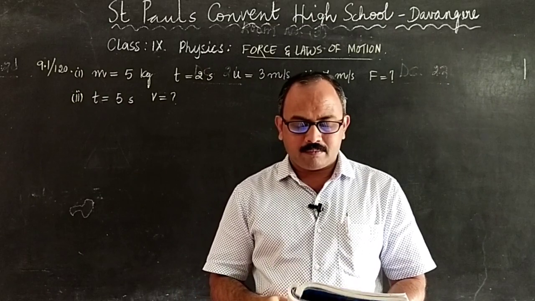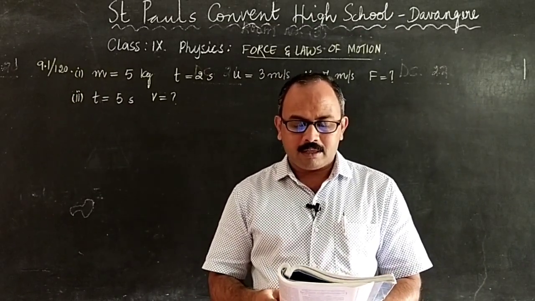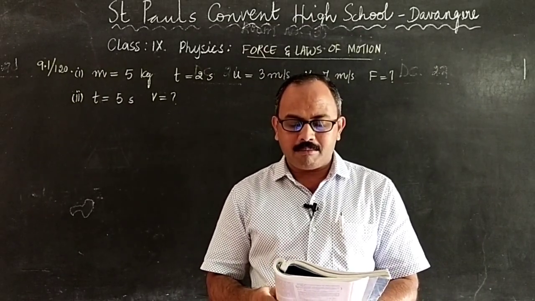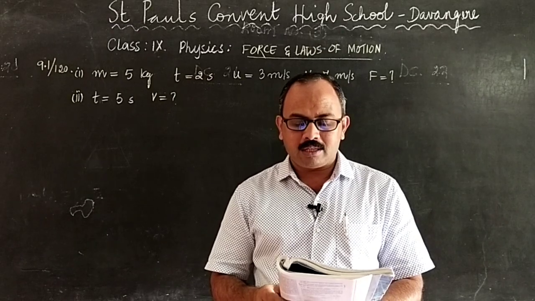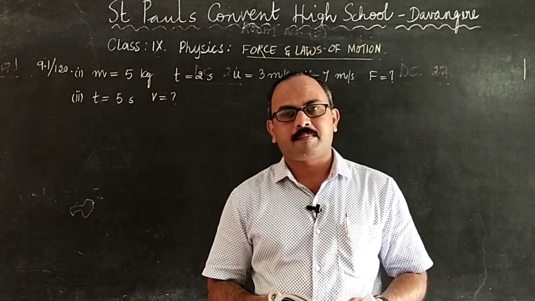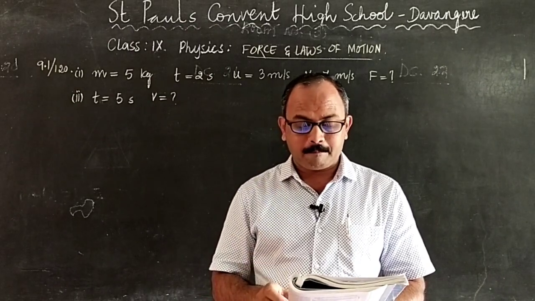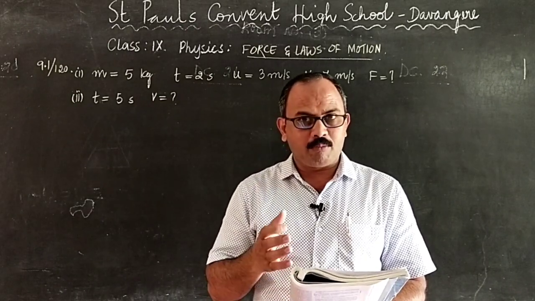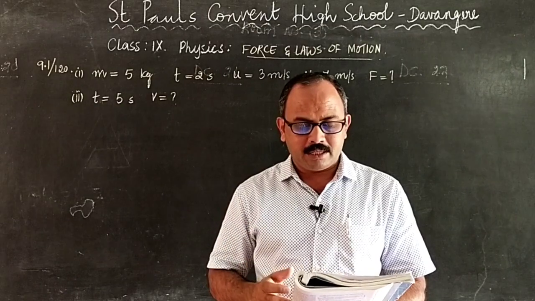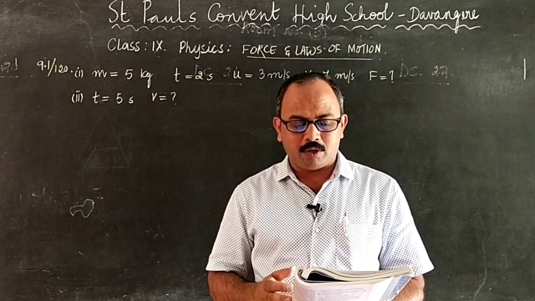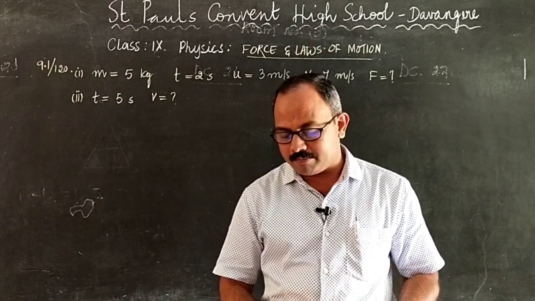The second question: in the following example, try to identify the number of times the velocity of the ball changes. The description is like this. We need to find out how many times velocity changes. A football player kicks the football to another player of his team.